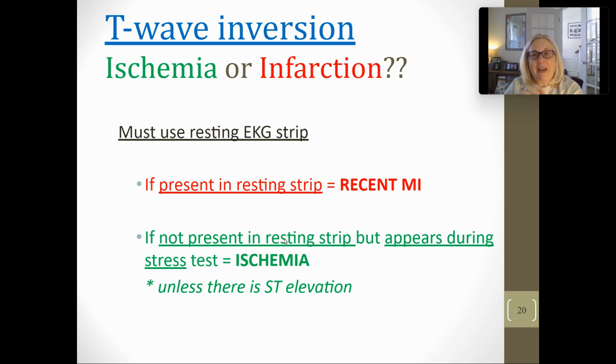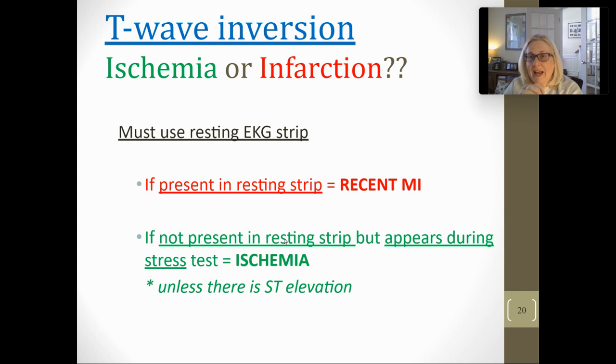And if they have had those symptoms and we take an EKG and they're just laying on a bed and they have inverted T waves, they have most likely had a recent MI within the last few days.